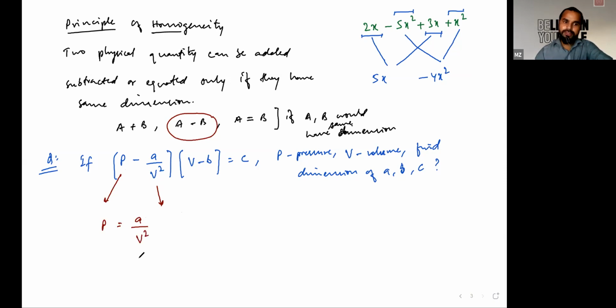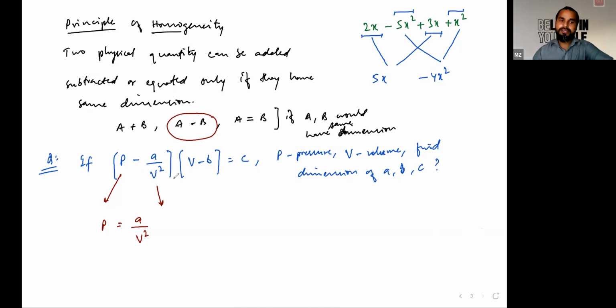In this equation, we have the dimensional formula for pressure and for volume. On rearranging, we will be able to calculate the dimensional formula for a. Rishan, is it clear? Any doubt?